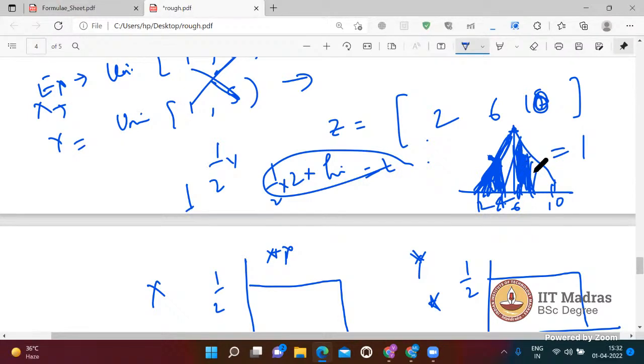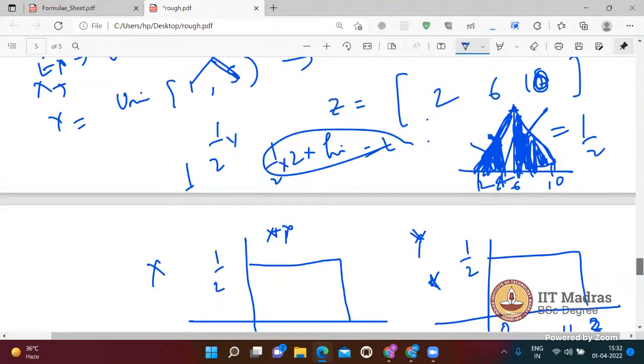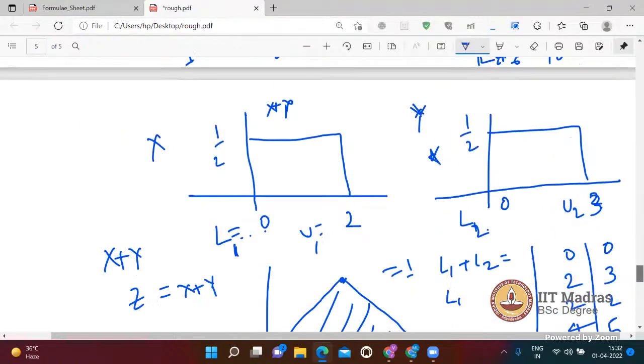Or you can calculate this area, which is half of the total area, so half minus this area gives you this area. Similarly, you can do this one: calculate this area and subtract this area. It's basically a basic area calculation.